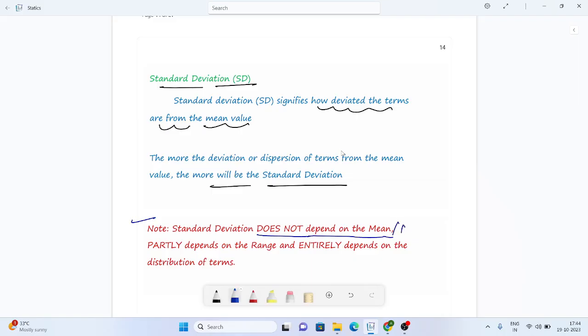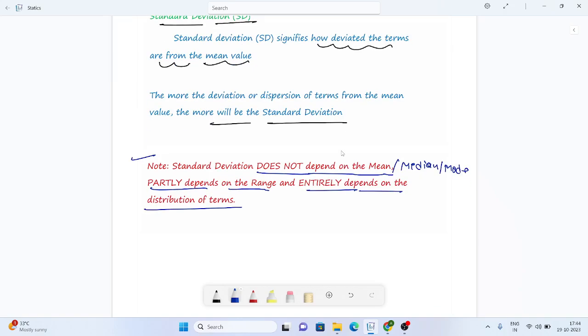We say that mean, median and mode behave the same way. Standard deviation partially depends on range and entirely depends on the distribution of terms. That will become clear when we do more questions on this, but you have to remember this: it does not depend on mean, median, mode, partially depends on the range, and entirely depends on the distribution of terms.